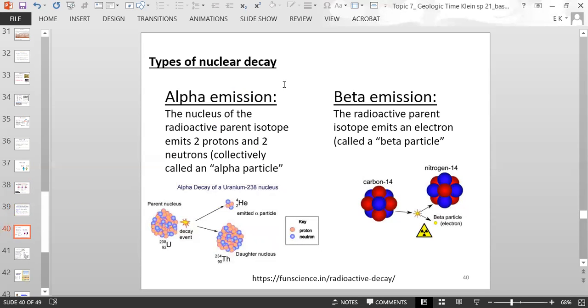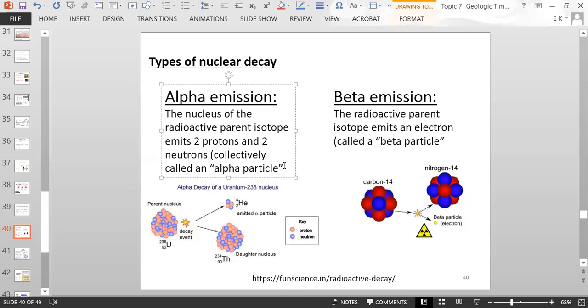And here are two different types of nuclear decay examples. We have alpha emission. That's when the nucleus of a radioactive parent isotope emits 2 protons and 2 neutrons, collectively called an alpha particle.